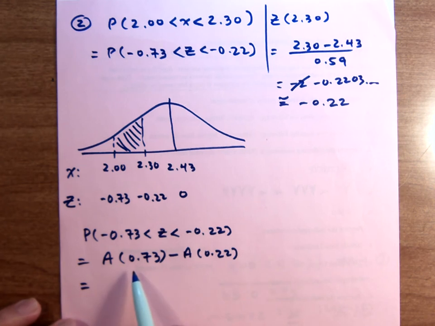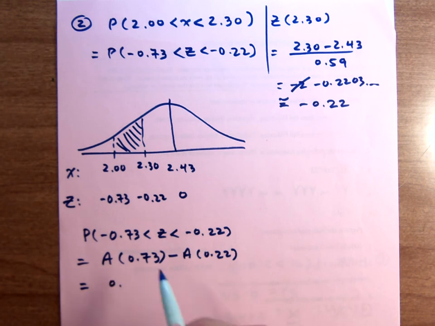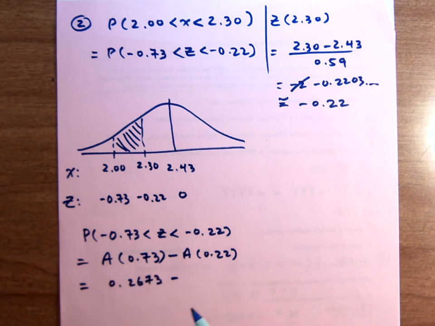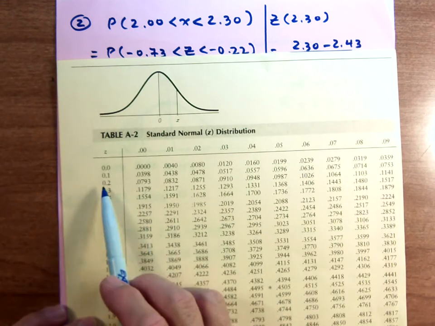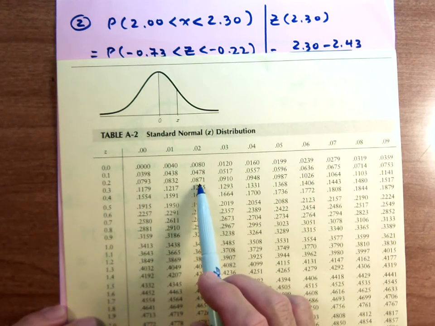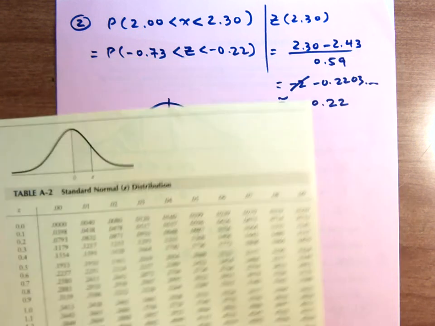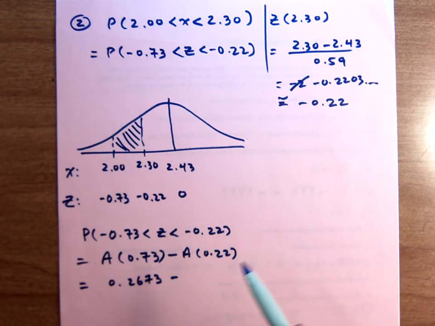So again, going back to my z table. Earlier we found that A of 0.73 is 0.2673, minus A of 0.22. A of 0.22 is 0.0871.